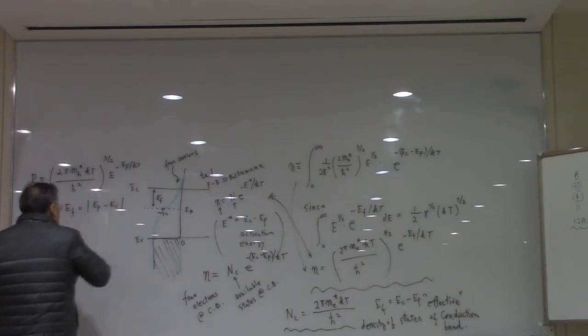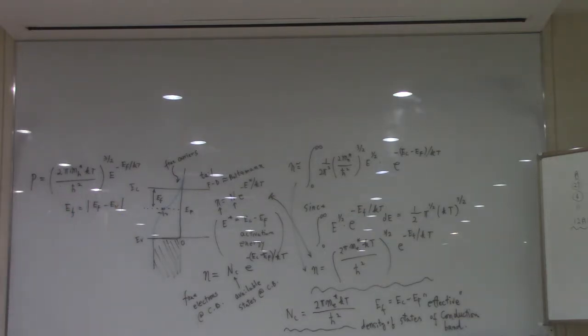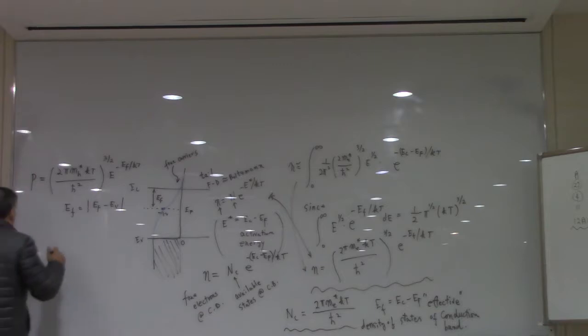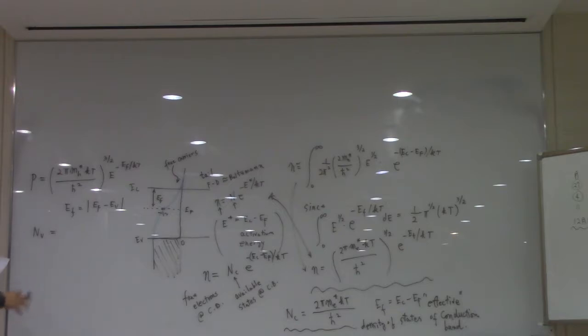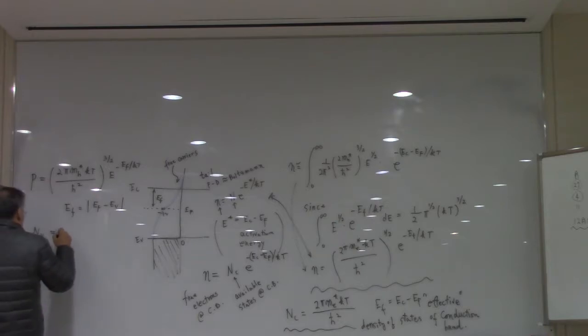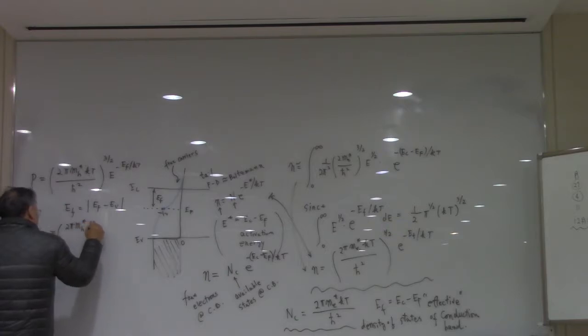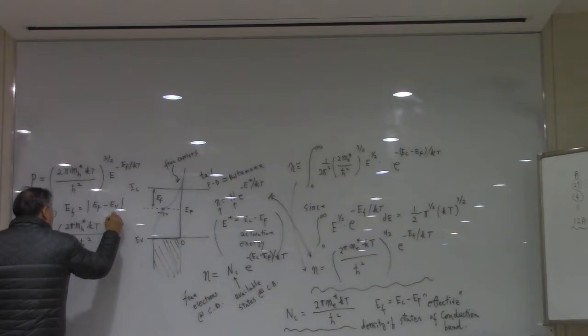All right. Then the effective density of states of the conduction band is going to be 2 pi mE star KT over H bar square to the 3/2.